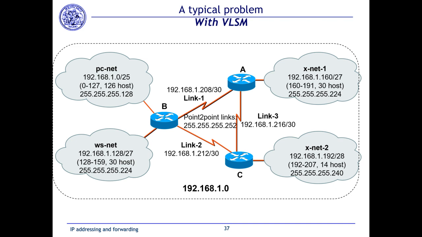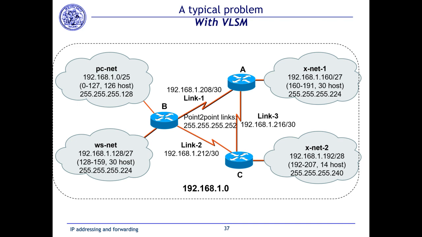Notice that the address of PCNet is exactly the same as the rest of the overall network, but the net mask is different. Here is a slash 16 and slash 24. There is a slash 25. So they indicate different networks.